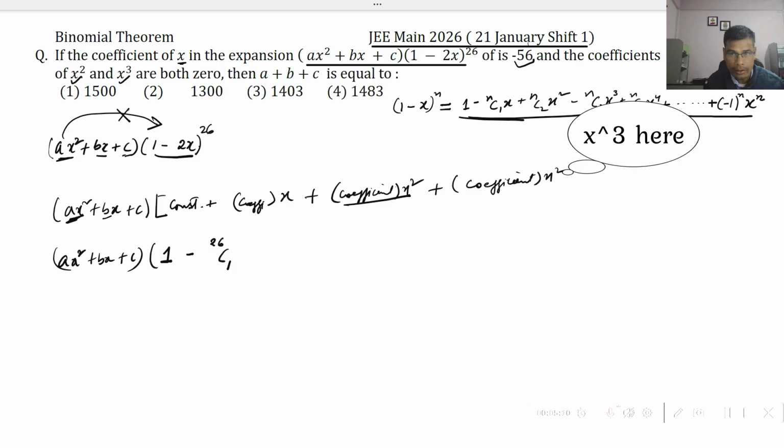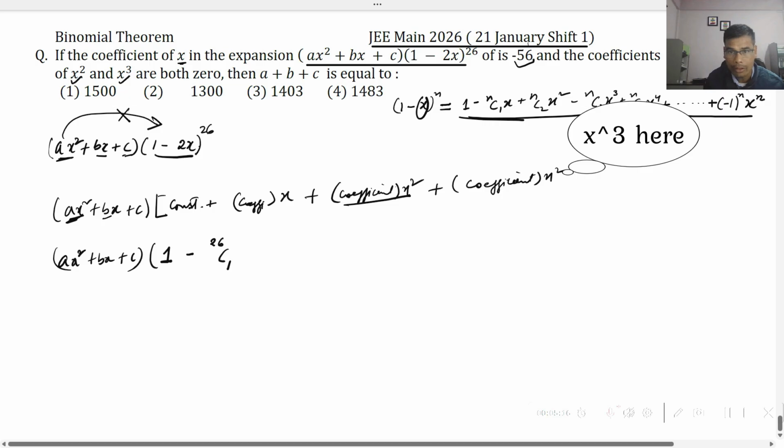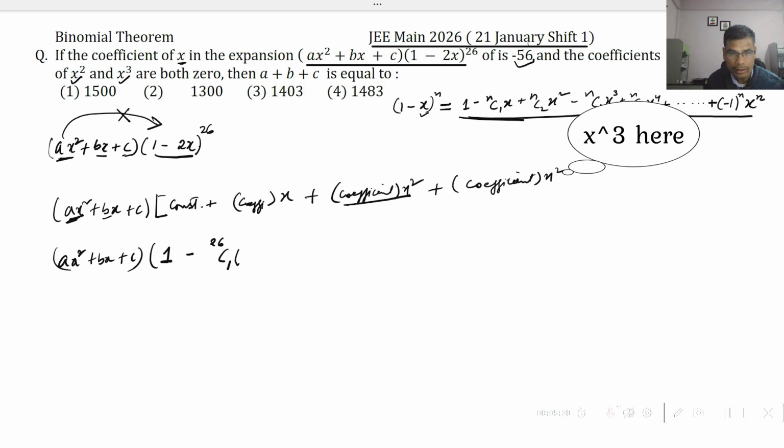Here x is the second term: the first term is 1, but here the second term is 2x. So it will be 26C1 times 2x.